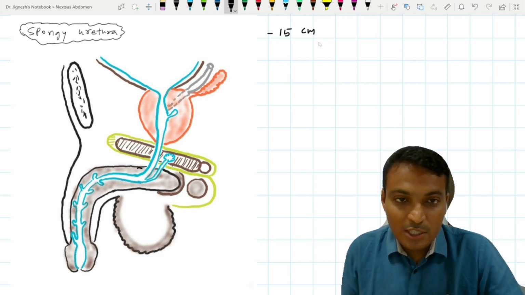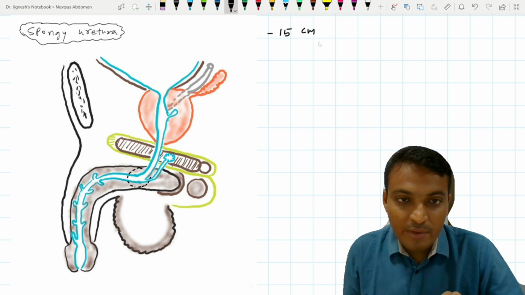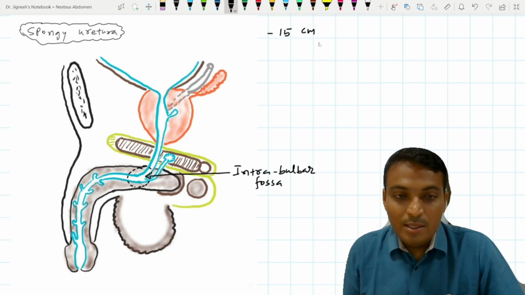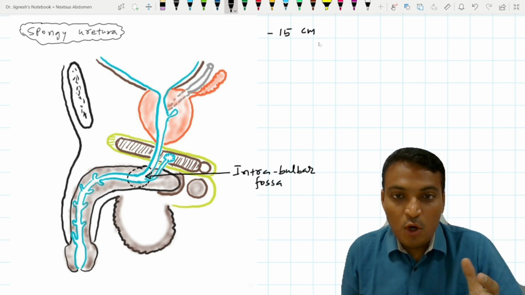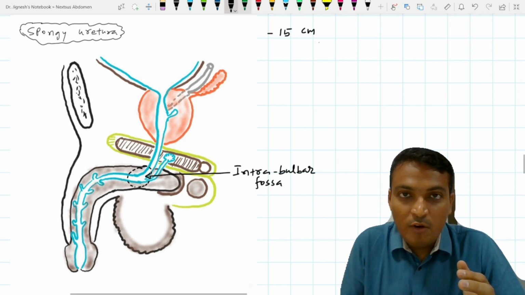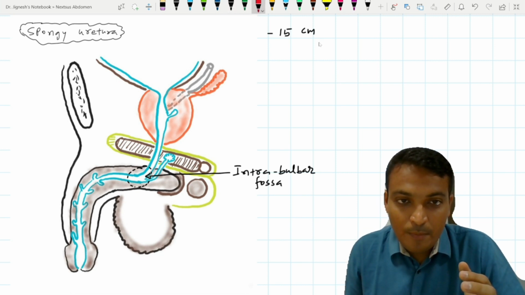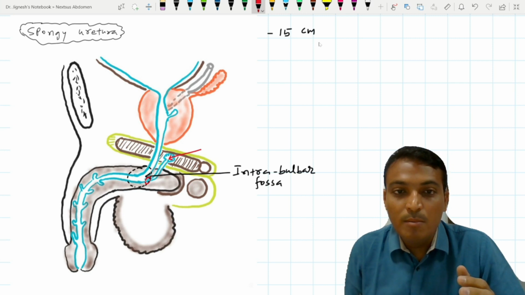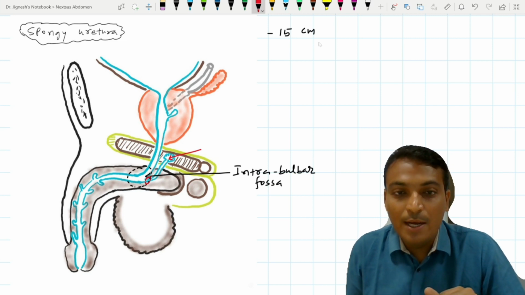One dilatation is situated somewhere here at the bulb of the penis, and this is called the intrabulbar fossa. At the bulbar part of this urethra, we find the opening of the duct of the bulbourethral gland. So this bulbourethral gland is going to open into the bulbar part of the spongy urethra.